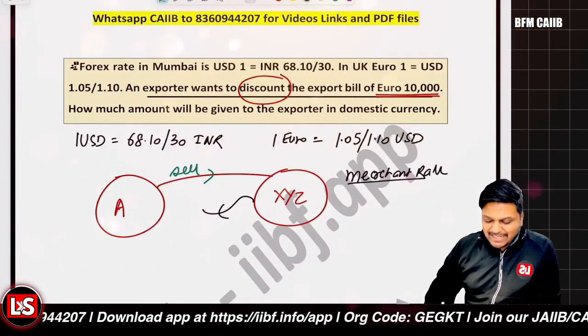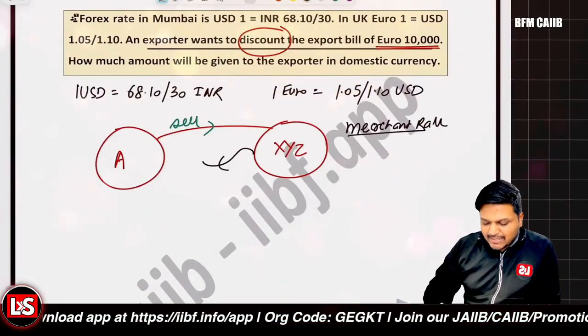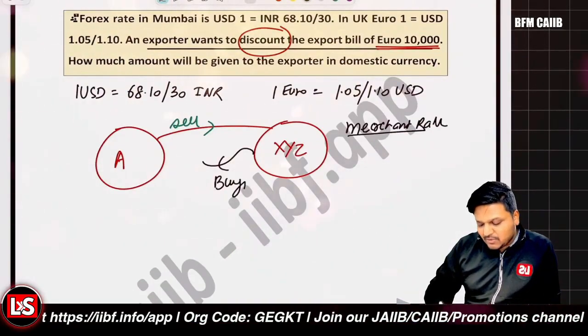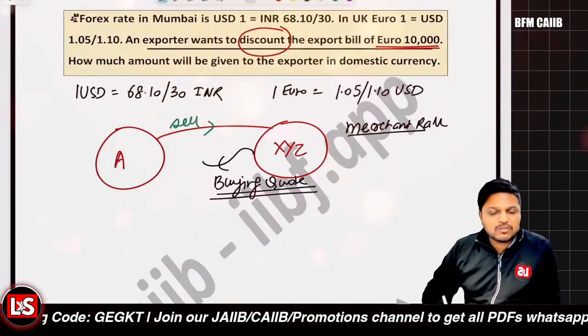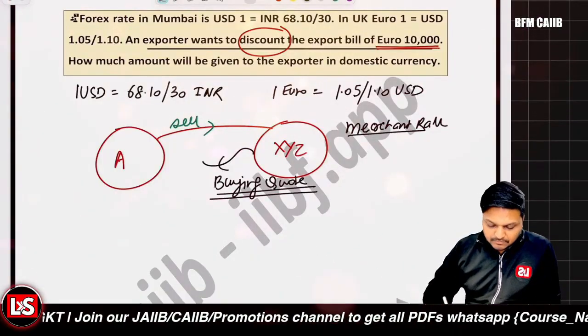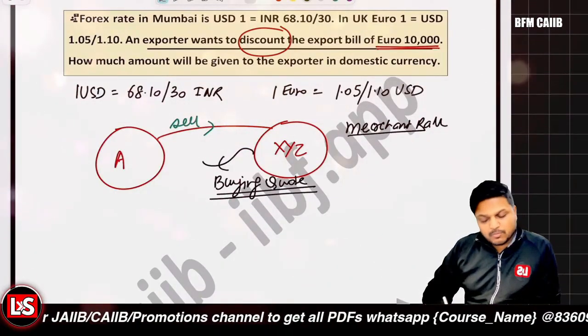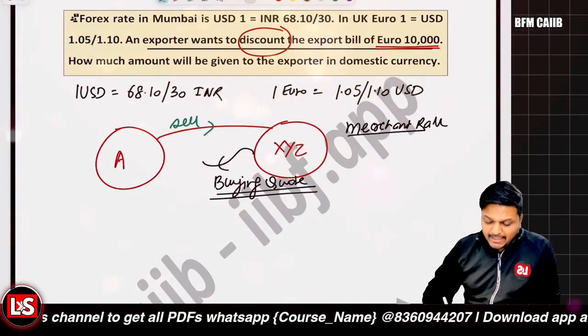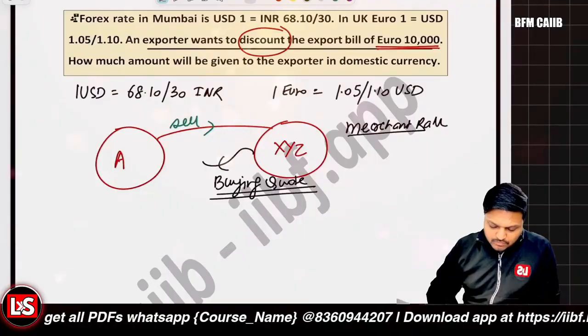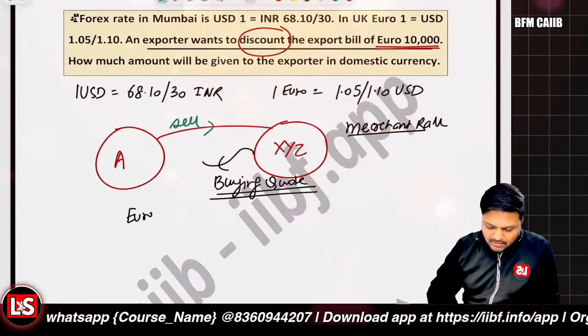So customer will be able to sell at a price at which the bank is ready to buy. So it's a buying quote which will be given by the bank. Buying quote given by the bank, right? Clear with it? And now you are having the euros with you.